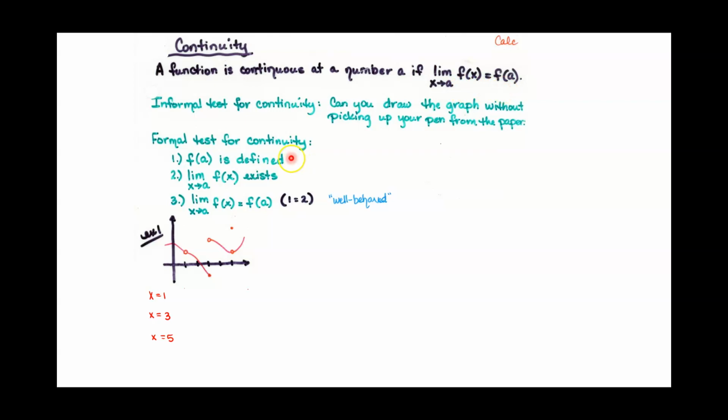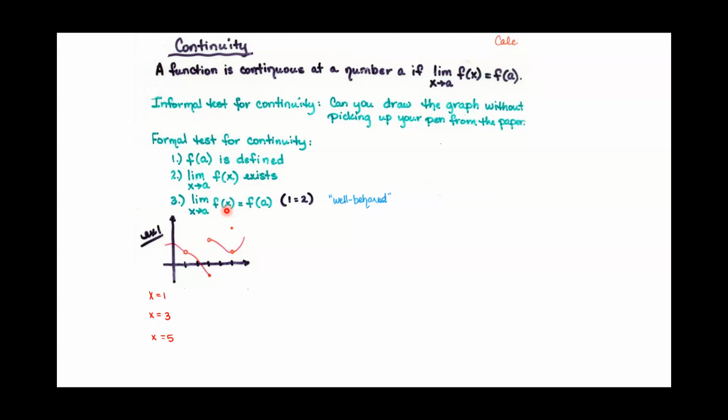So the answer that I found in number 1 needs to be equal to the answer that I found in number 2. Now you might remember that that is the same thing that we were calling well-behaved. When you could do direct substitution and plug your value into the function and the answer that you got was the same as your limit, then we said that that was well-behaved.